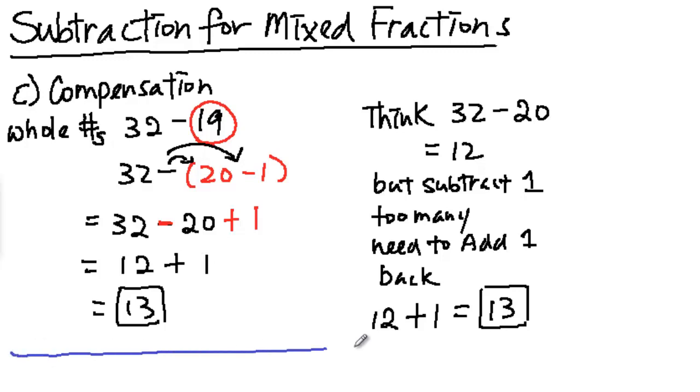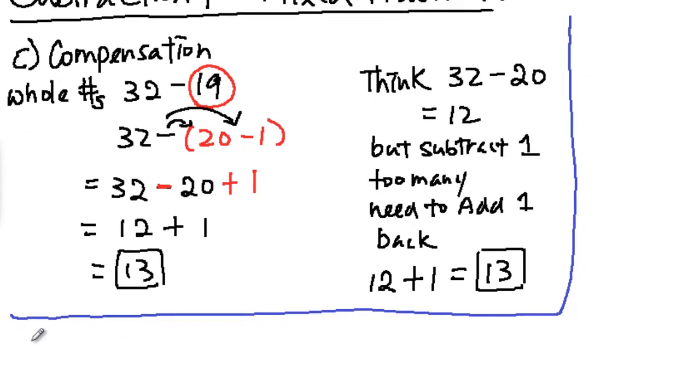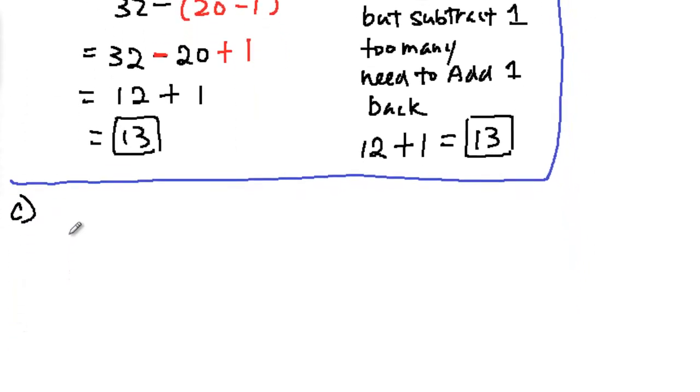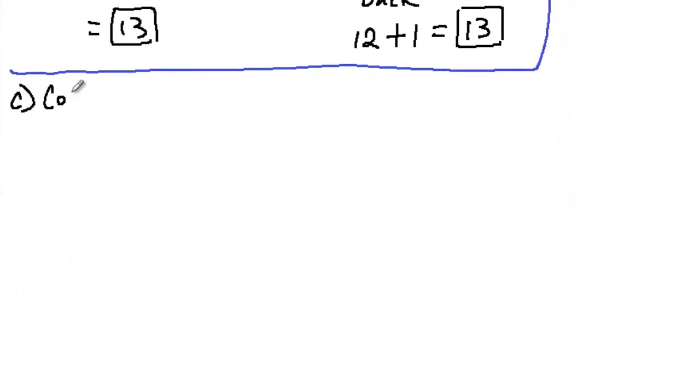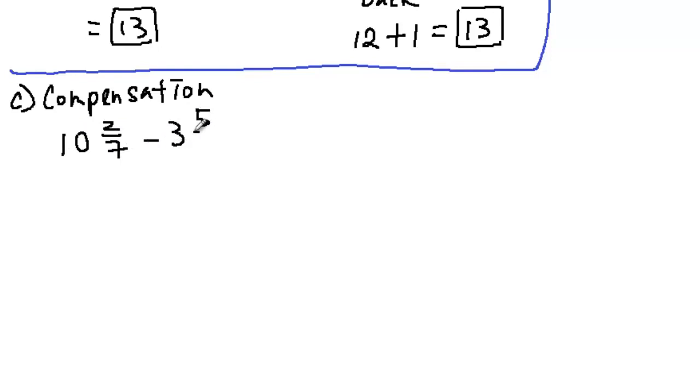So using similar concepts, we're going to apply compensation to subtraction with mixed fractions. Using the same problem we just did, 10 and 2/7 subtracting 3 and 5/7. So the step is you are going to change the second term.